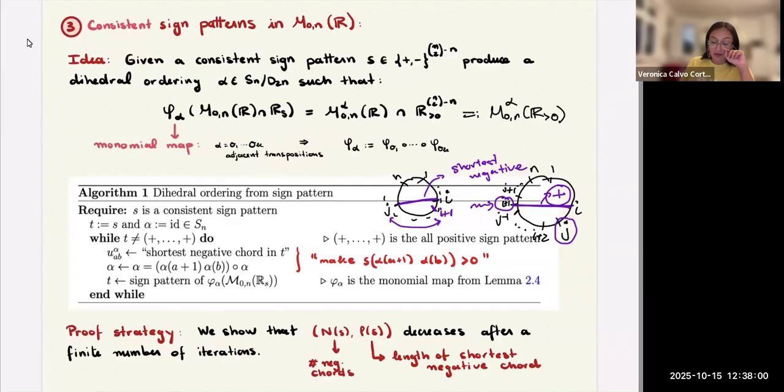But if we keep iterating, we will eventually annihilate or reduce enough of the negative chords. And this is where the more technical part of our project comes in: analyzing all of these cases and arguing why you always decrease.